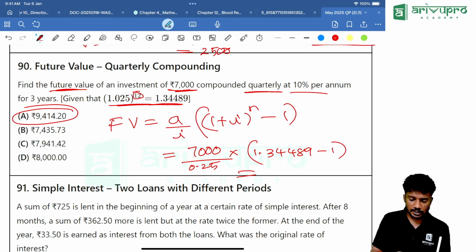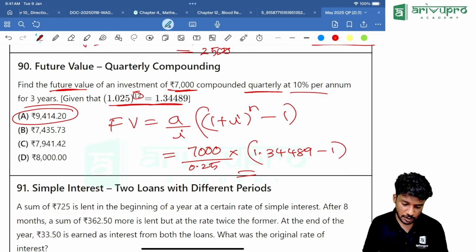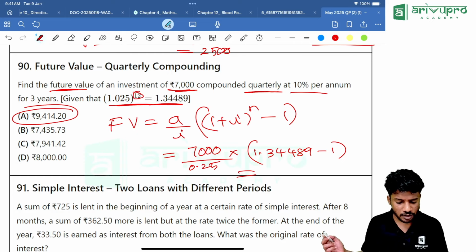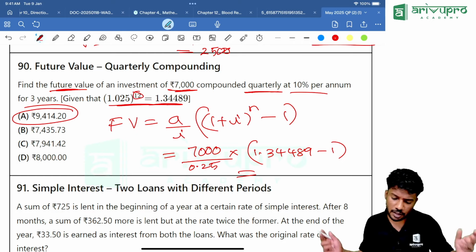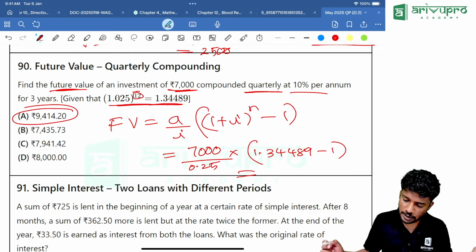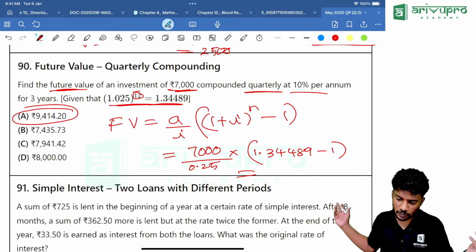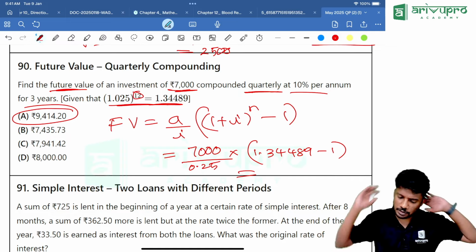You will get the answer as 9656. Yes, 9656 future value. The nearest answer is option A. You can go for option A. Compounded quarterly. Fine. Everything is fine, right? That's all. Done. Next one.